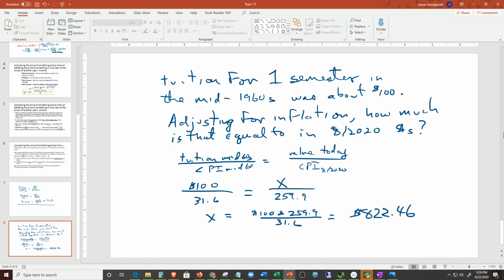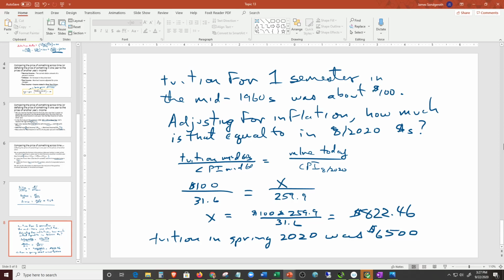And I'm not sure, but last spring, my students who were enrolled at UT were saying that tuition in spring of 2020 per semester was about $6,500.